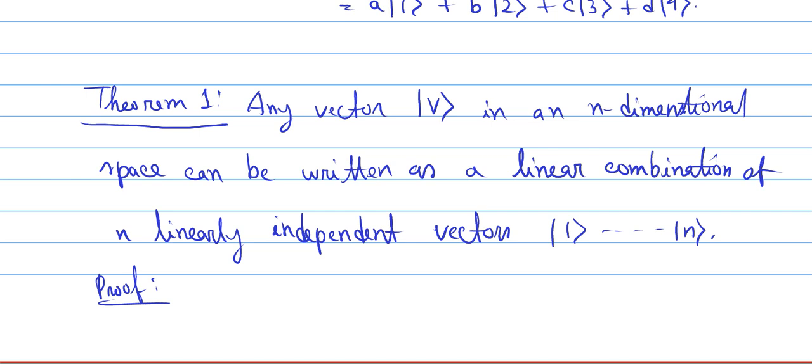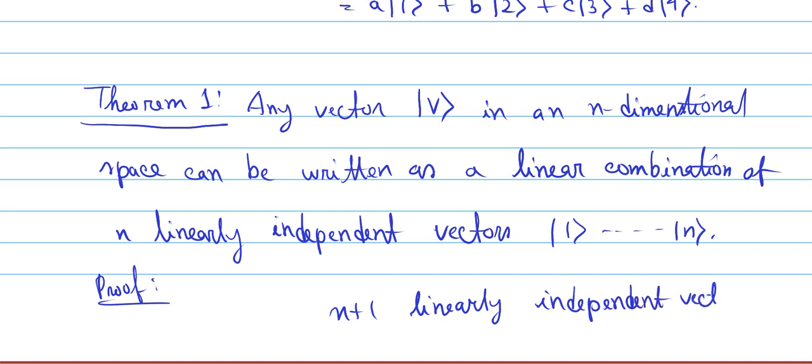If we cannot write it as a linear combination of n independent vectors, that means that vector would also join the given set of vectors and form a set of n plus 1 linearly independent vectors, which is not possible because our vector space is an n-dimensional space. So this theorem is true actually.